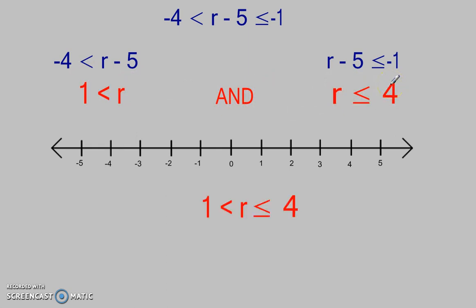So here we have our compound inequality solved, and then to graph that, we want 1. Okay, so we've got 1, and then 4. Now we need to determine, are either of these filled in? This one at 4 is filled in, and then it goes between these two.